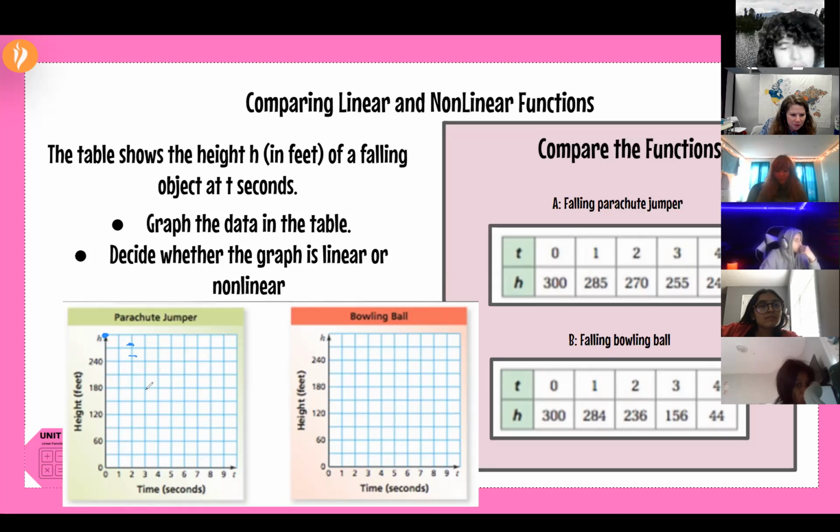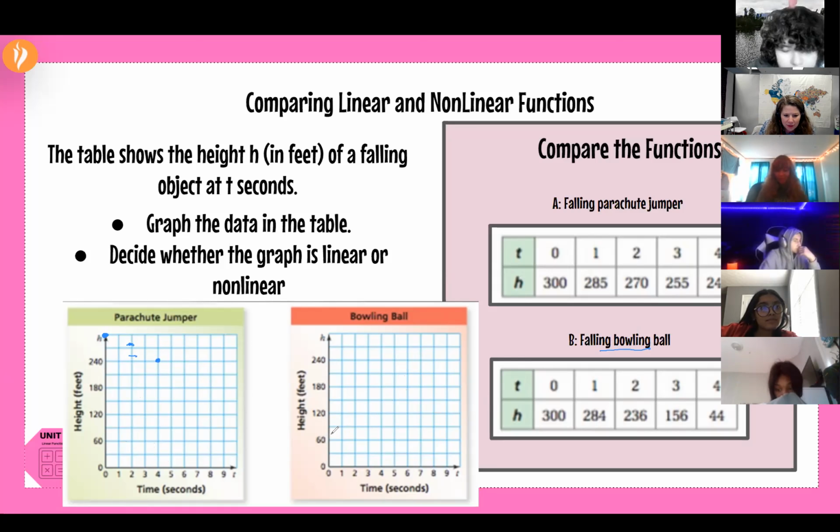Okay, and then at 3 seconds, oh, these numbers are so close together. Oh my goodness. 4 seconds and 240. All right, that's not a good graph because the numbers are so close together. Let's look at our falling bowling ball. We'll come back to the parachute jumper in just a second.